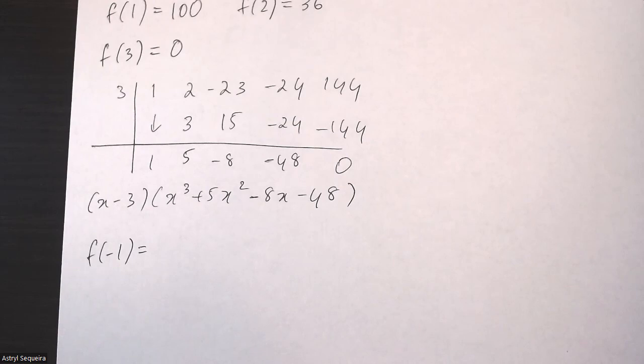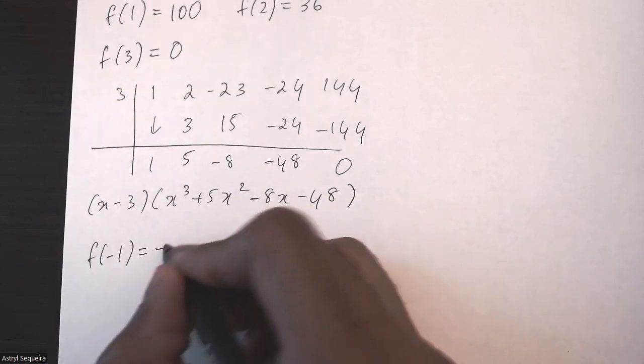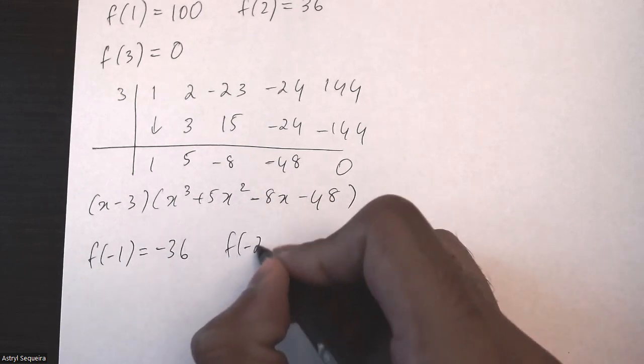So negative 1 to the power of 3 plus 5 times negative 1 squared minus 8 times negative 1 minus 48. Negative 36, that doesn't work. So let's try negative 2.